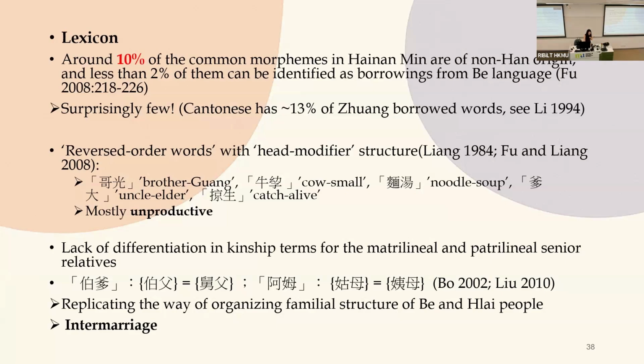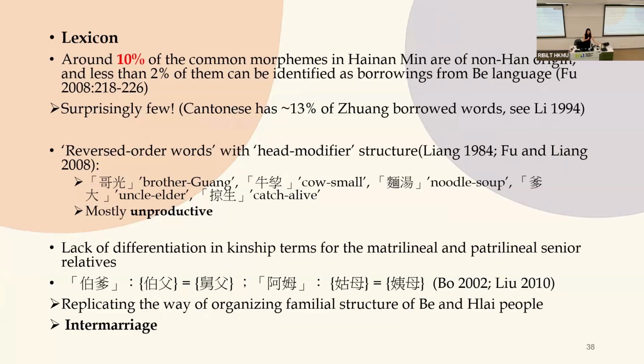And lastly, scholars also notice Northern Hainan Min dialects do not differentiate between matrilineal and patrilineal senior relatives, meaning that they call senior relatives on both their mother's and father's side with the same term. Lacking this differentiation is actually quite uncommon among Sinitic languages because generally speaking, we differentiate patrilineal from matrilineal relatives for societal reasons.